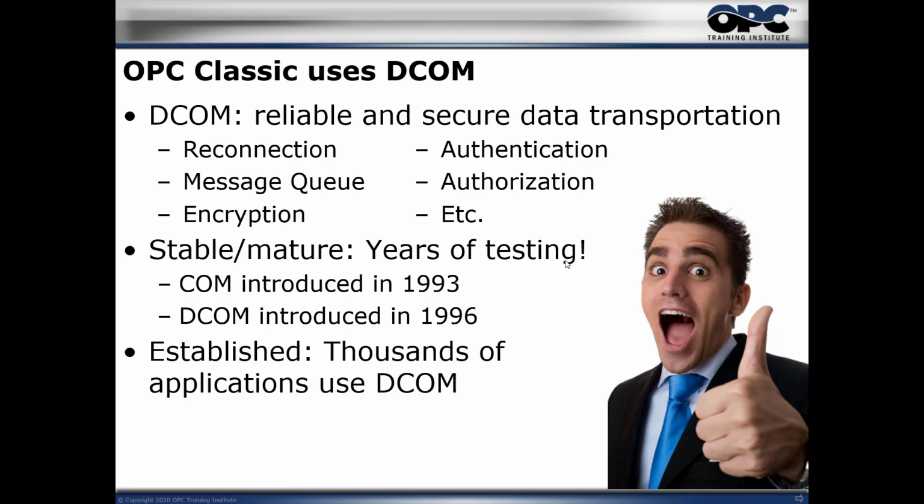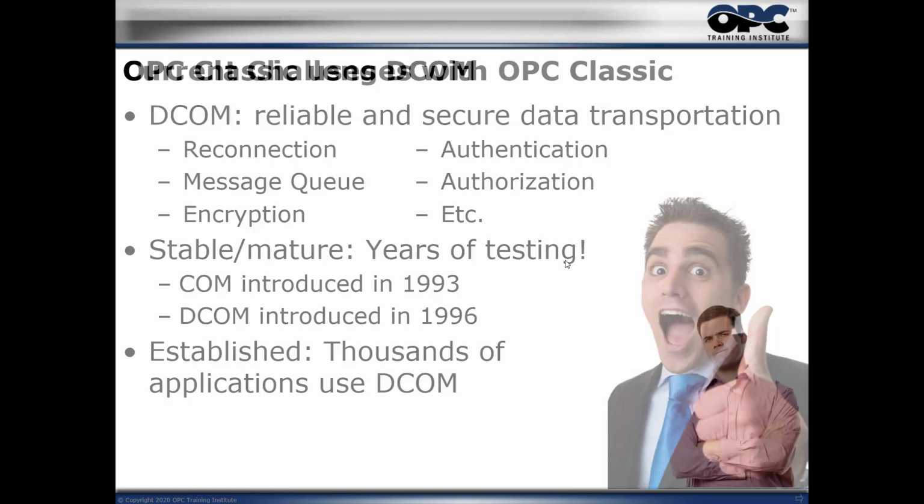If you've used Google components for web searches, those you will find in DCOM config. You'll find LogMeIn. You'll find Norton Ghost. If you take a look at DCOM config, you'll find a whole bunch of applications that you perhaps didn't expect to see as DCOM applications, and yet there they are. So there are tens of thousands of applications that are using DCOM outside the world of OPC.